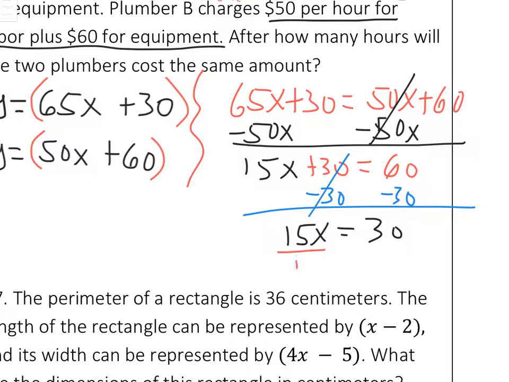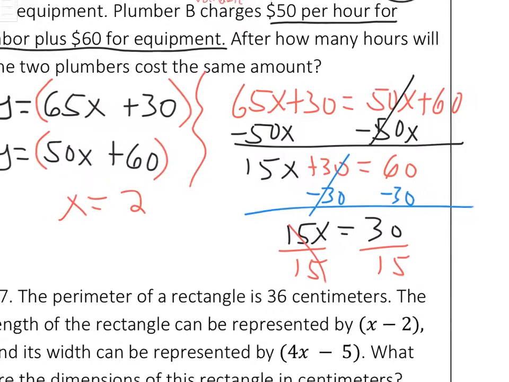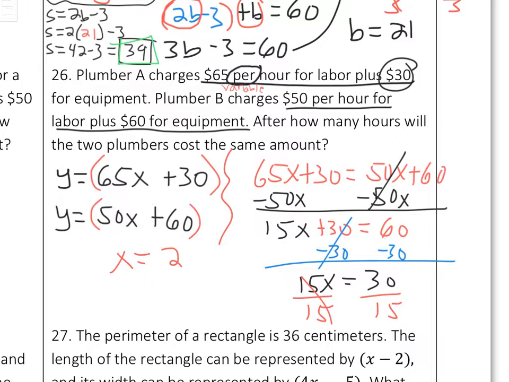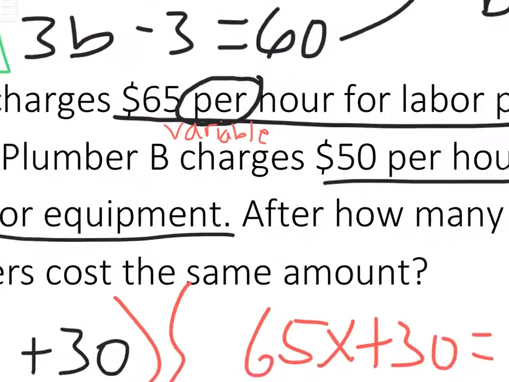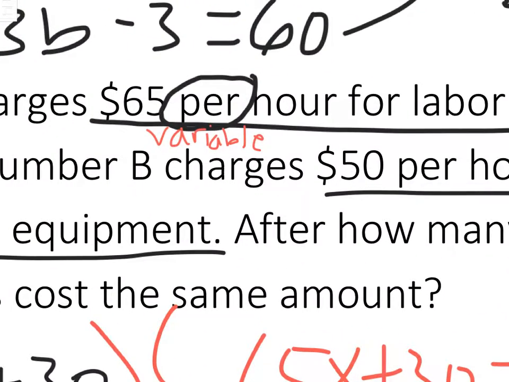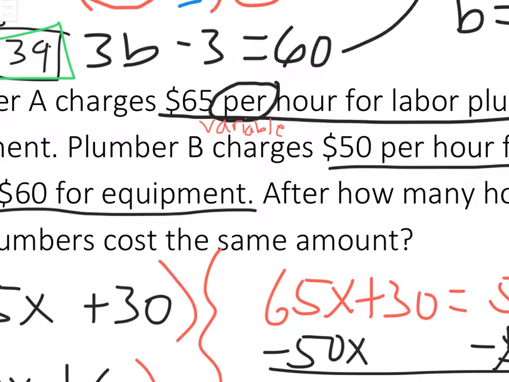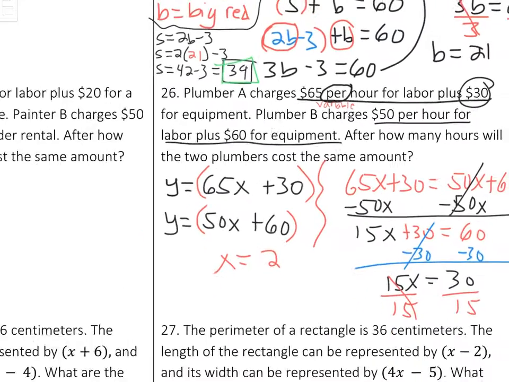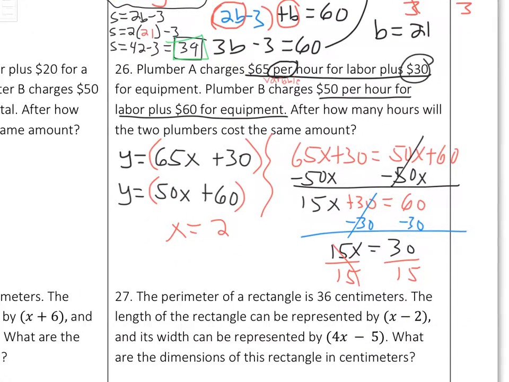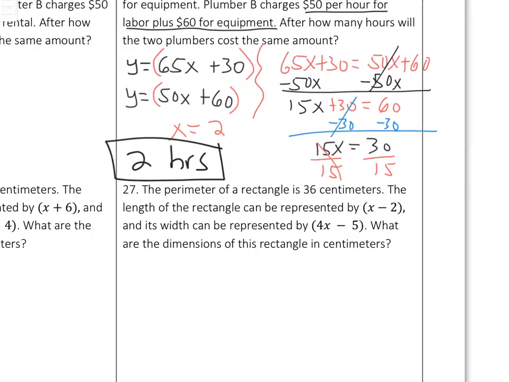Then the last step is to divide by 15 on both sides, and that gives you x is equal to 2. And if you go back to your problem, you know that x does stand for the number of hours, because the variable we chose to have like $65 per hour and $50 per hour, that means that that represents the x, okay? So the variable that represents the hours. So the answer to this is going to be after 2 hours, the two companies will cost the same.